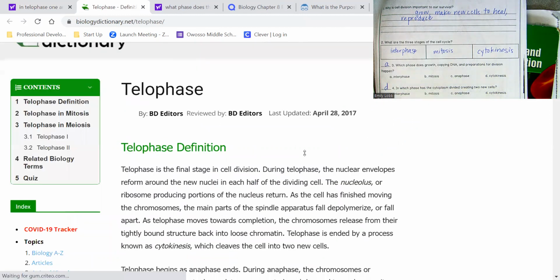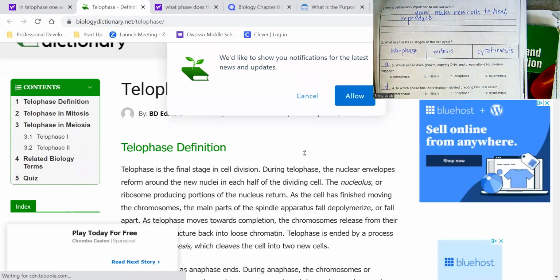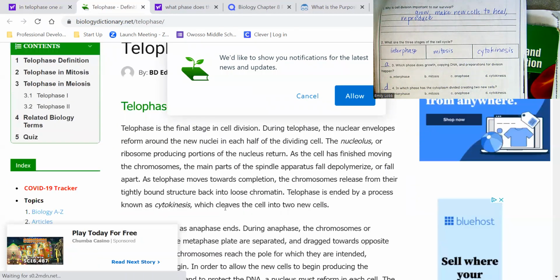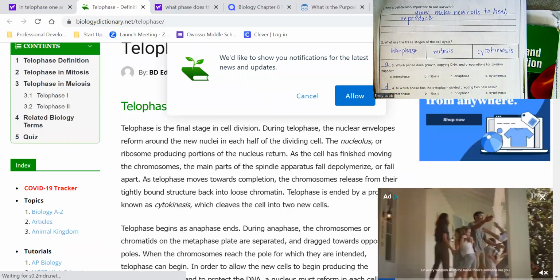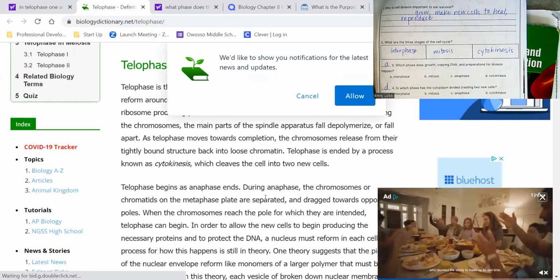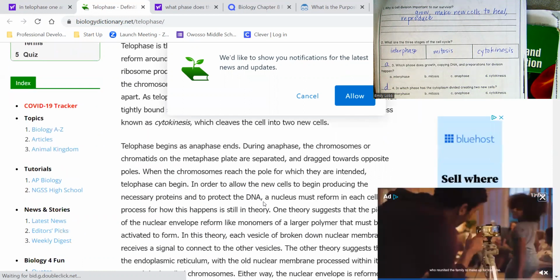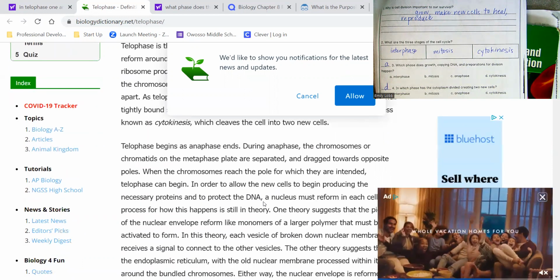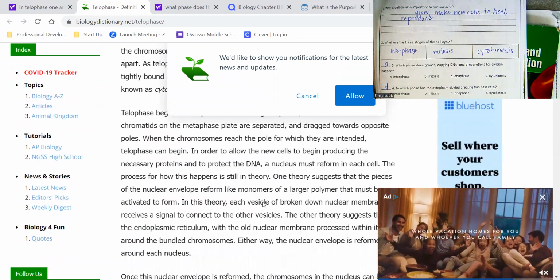All right, guys, focus here. So we're talking about telophase.